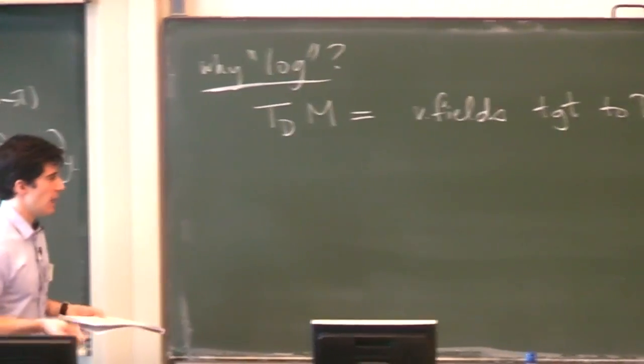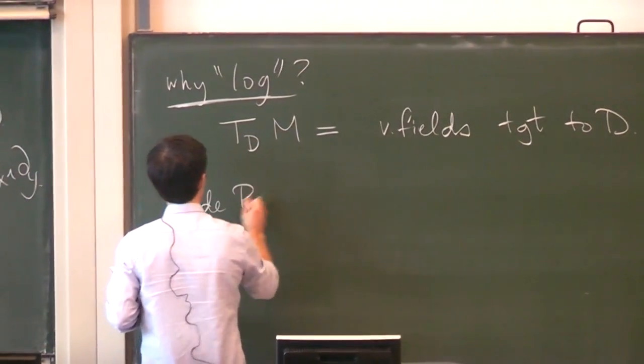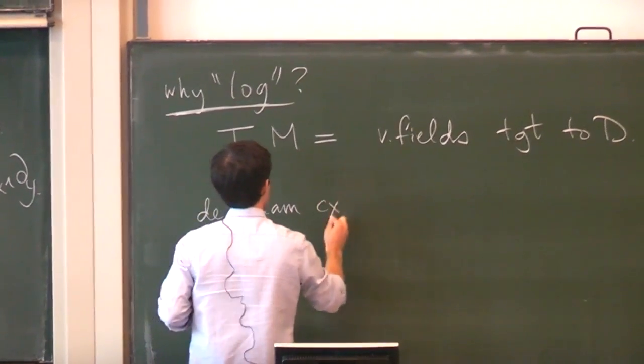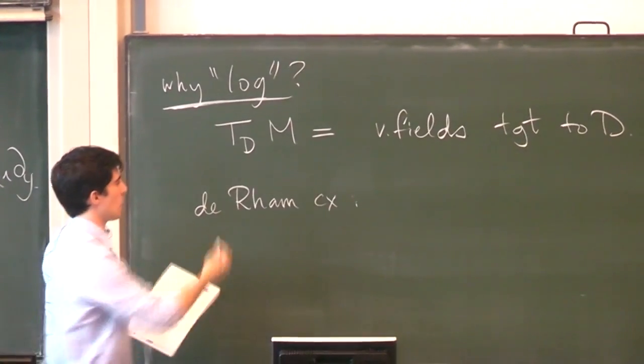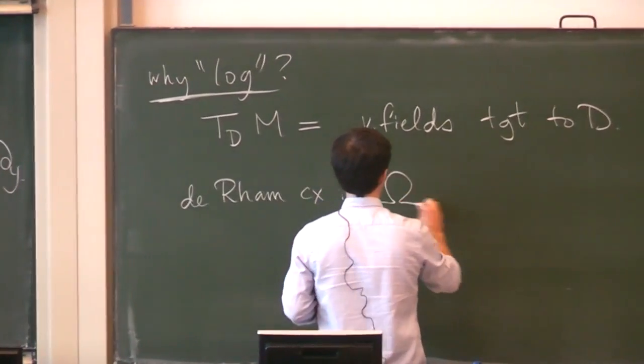And anytime you have a Lie algebroid, you have an associated de Rham complex.